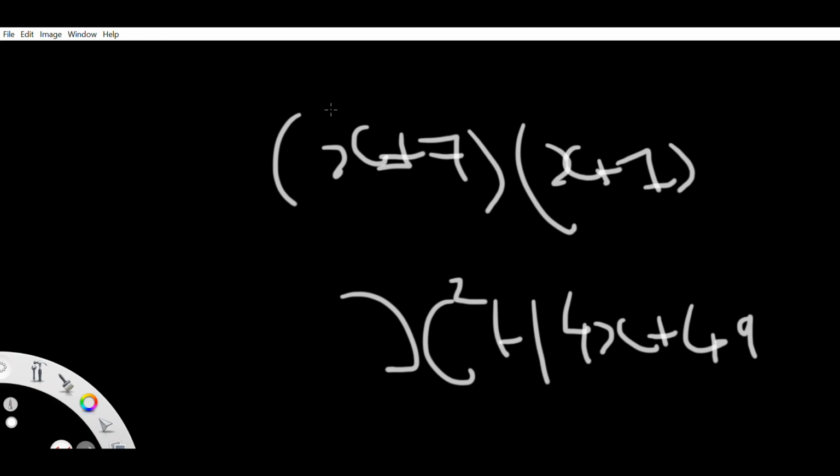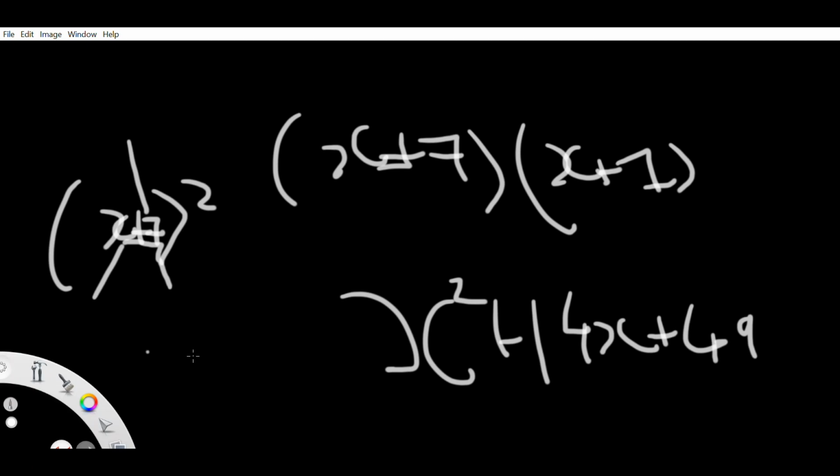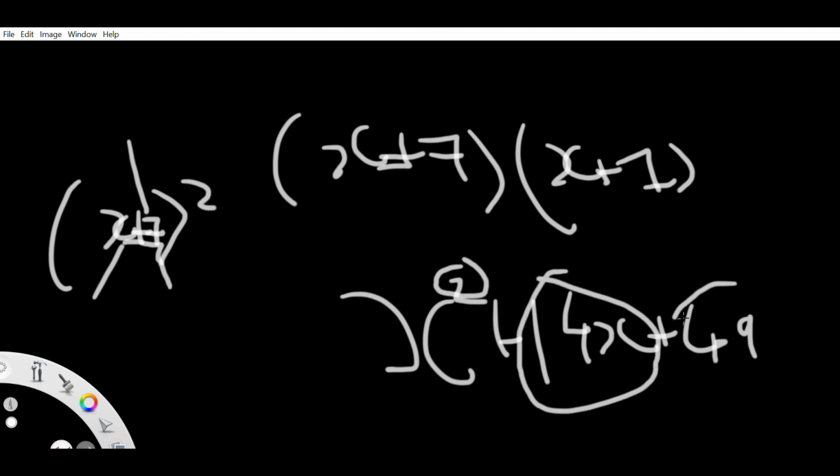So with x plus 7 squared, it's this squared first, then this into this times 2, and then this squared. So that's x squared, then 7x into 2, which is 14x, and then 49, which is 7 squared.